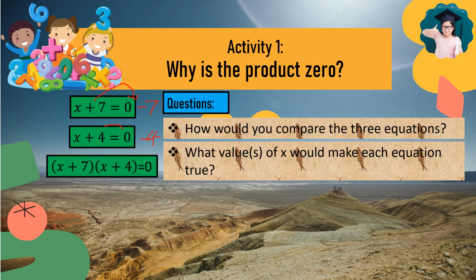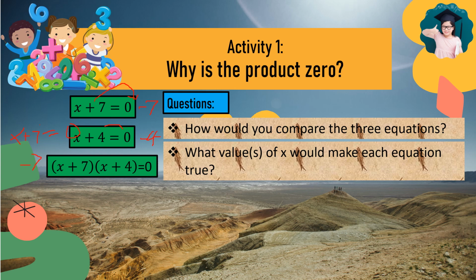Now here, since you have 2 factors, equate each to 0. So you're going to have x plus 7 equals 0, and then do what we did earlier with the first equation. You just transpose 7 to the other side, so the first value here is negative 7.